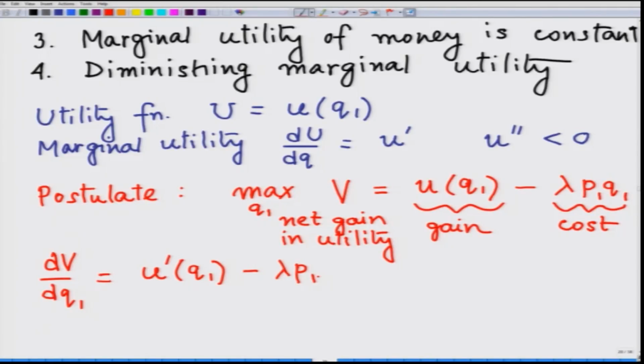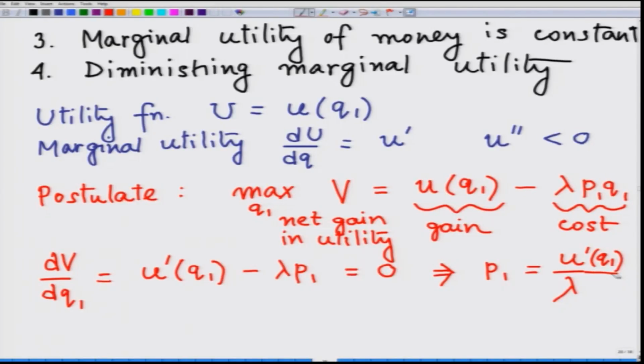For maximization we need to set this first order derivative to 0, and from here we get the first order condition, which says that P1 equals u prime divided by lambda. And note that this u prime is a function of q1.